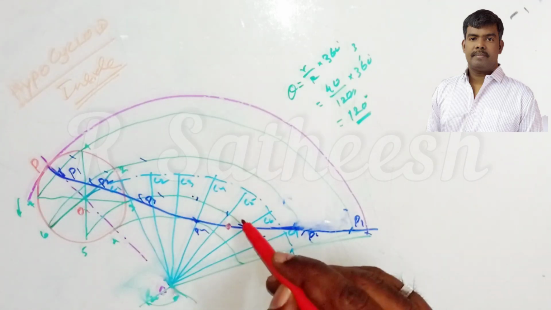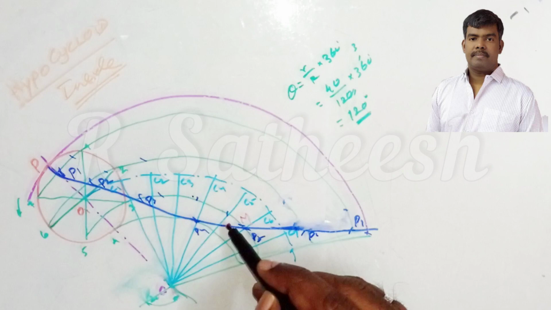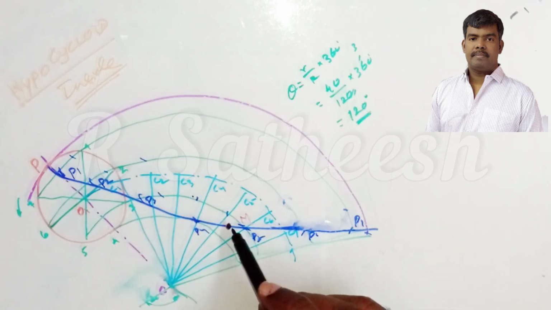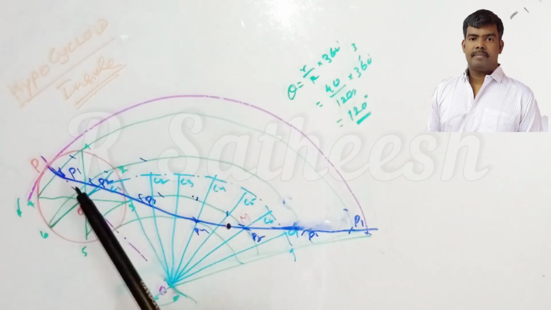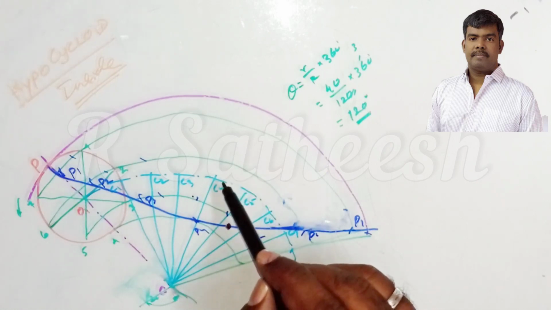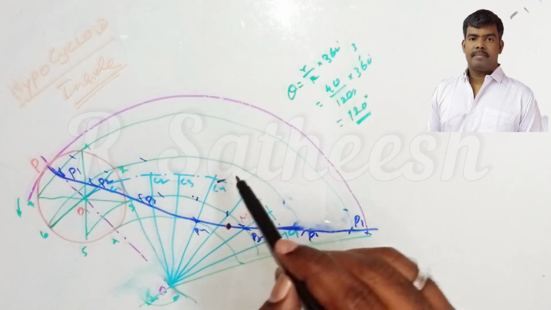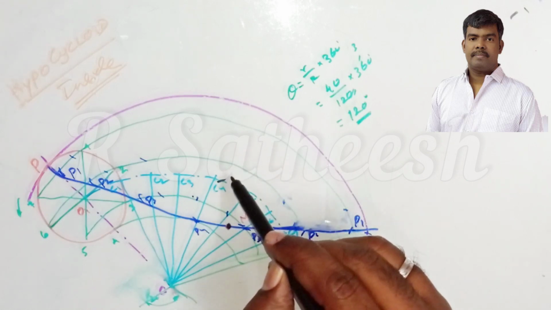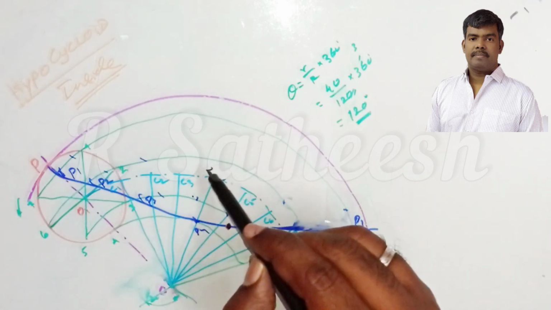How to draw the tangent and normal: in this problem you select one point M on the curve, because no specific dimensions are given, so you select any one point M. Then the size of the rolling wheel is 40, so take 40 as the radius, M as the center, and intersect an arc on the center line, as it is a reverse procedure. You assign that letter, say S. Clear?